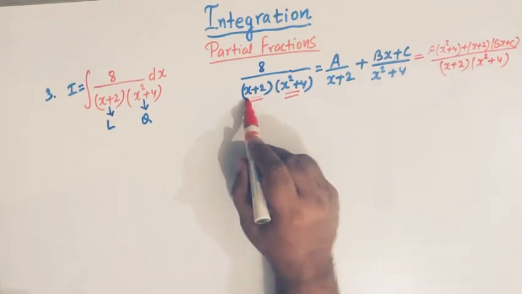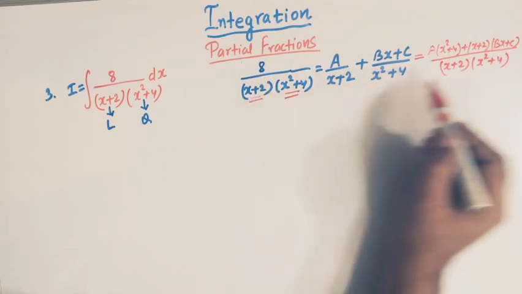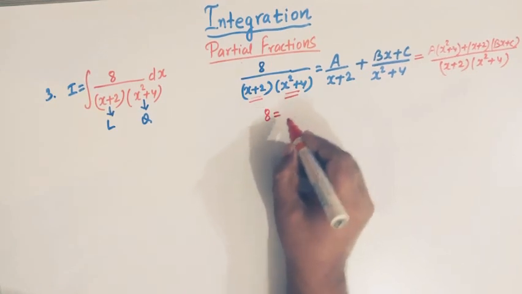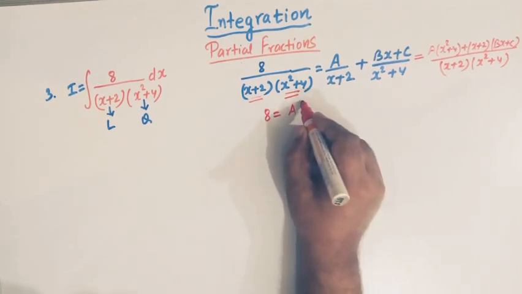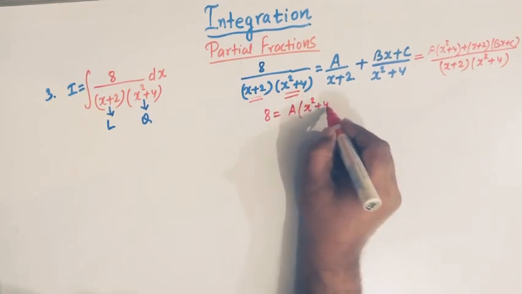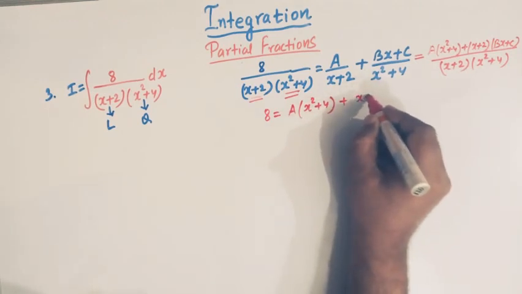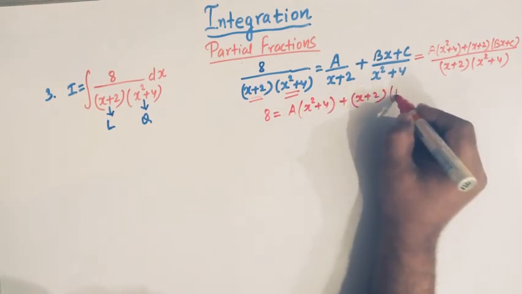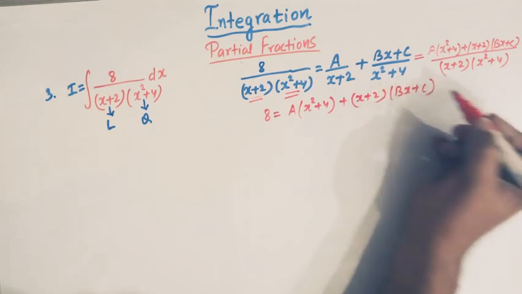Now these two denominators get cancelled, and we are left with 8 equal to A times (x square plus 4), plus (x plus 2) times (Bx plus C), right?